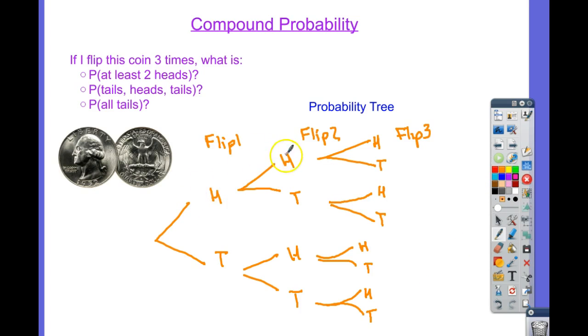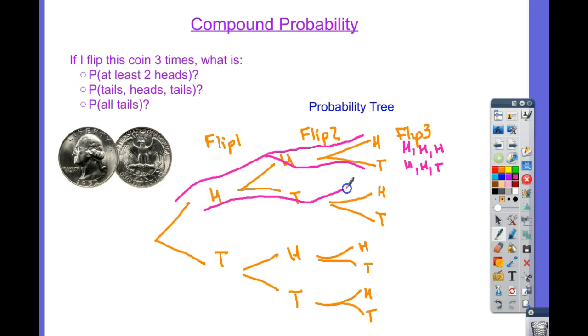We go here: heads, heads, heads; heads, heads, tails; heads, tails, heads. So what we did was come up here. This one's heads, heads, heads. This one's heads, heads, tails. Now we're done with that, so heads, tails, heads. And then we'll have heads, tails, tails, and so on.